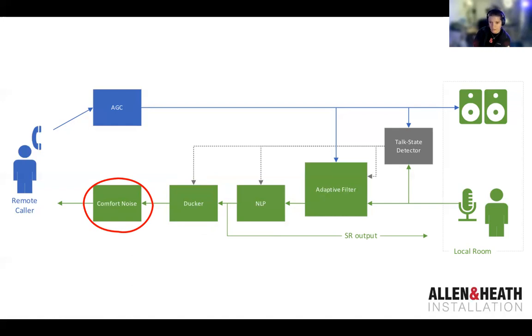So this is a way for us to have a very natural, unoffensive sound that we can also adjust the level of, just so it's in there. One, to make sure the remote caller understands that they're not disconnected, they are still on the line and it's okay. And again, it's all in the effort to make the AEC function as efficiently and as well as possible.